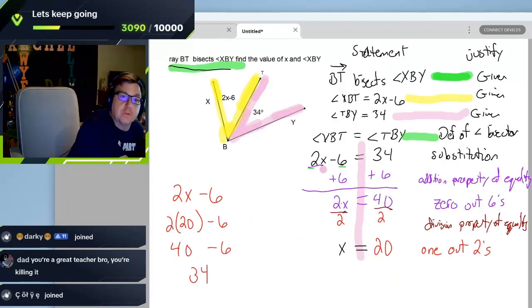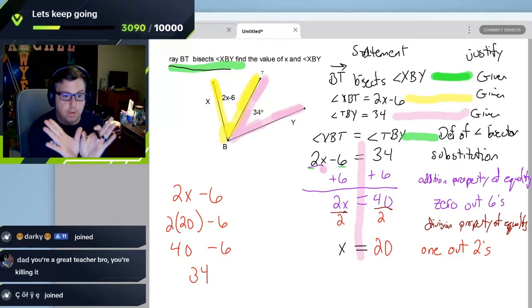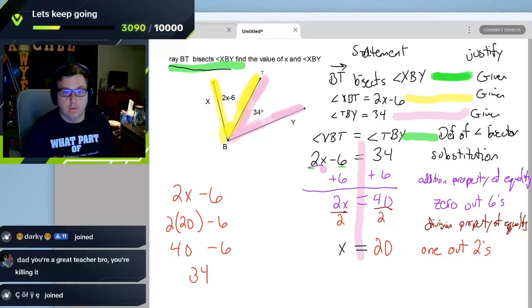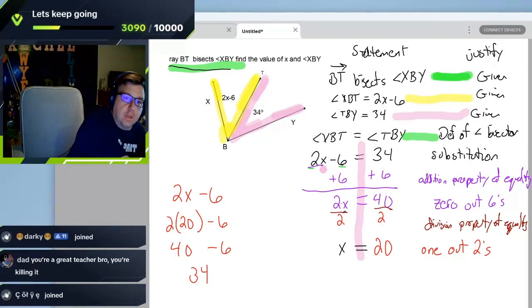Bisector means equal. So we have to use that bisector and set XBT equal to TBY. Okay, that's the definition of what an angle bisector actually is. It's taking that whole angle and splitting it into two equal angles. Then you substitute what those are and solve it out using the properties of equality.